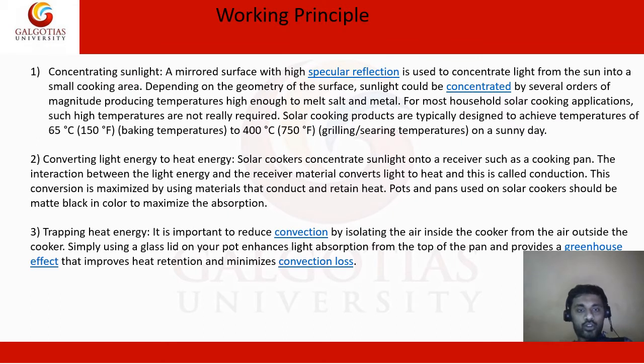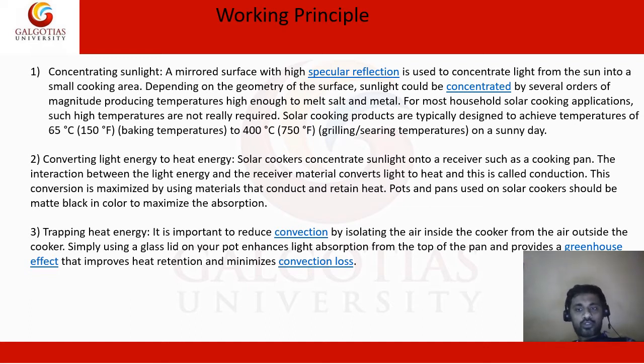Now, talking about the working principle of the solar cooker. Number 1 is concentrating sunlight. A mirrored surface with high specular reflection is used to concentrate light from the sun into a very small cooking area. Depending upon the geometry of the surface, sunlight could be concentrated by several orders of magnitude, producing temperatures high enough to melt salt and metal.